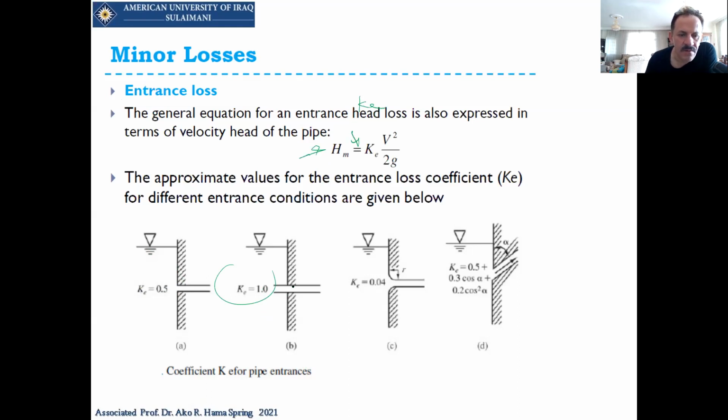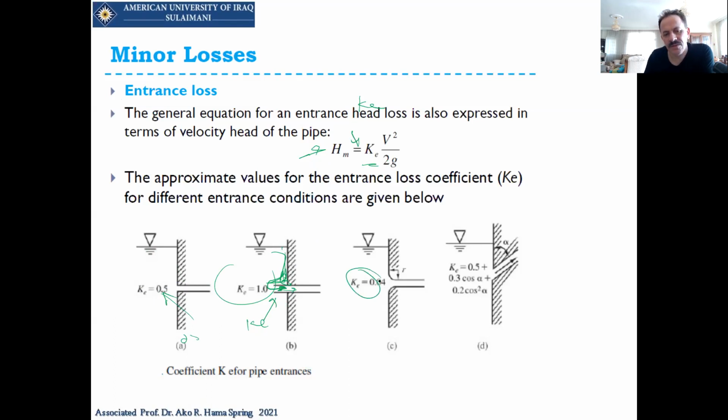Why is KE greater, 1 here and 0.5 there? Because the water tries to go from this tank into this pipe, but it finds a barrier. It needs to turn around and then go, and this means it will lose more energy. That's why KE is greater than in this case.